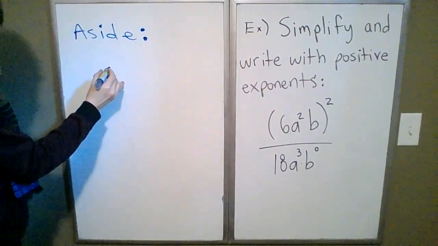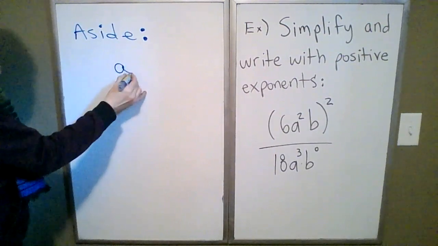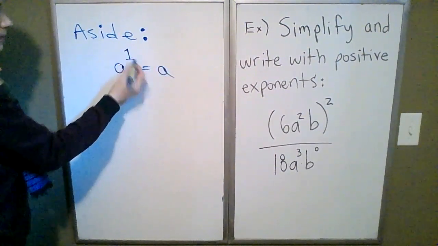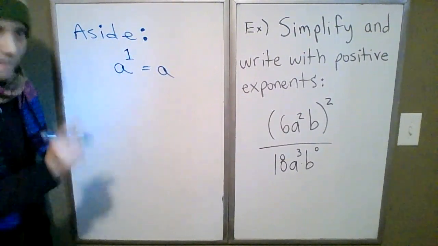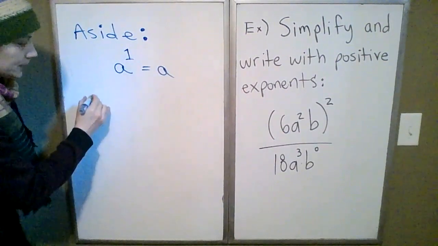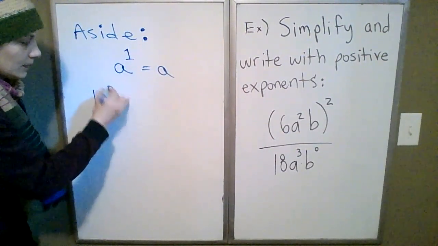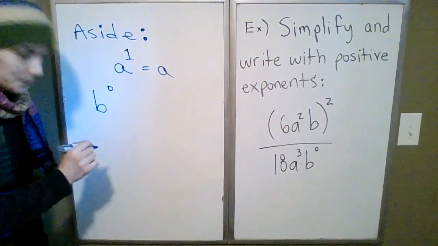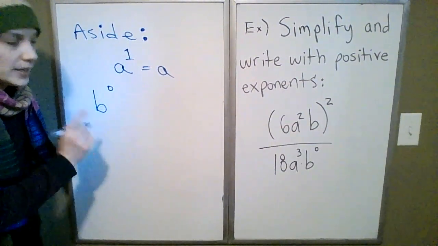Okay, for any number a, a to the 1 is a. For any number b, actually for all non-zero numbers b, b to the 0 is 1.